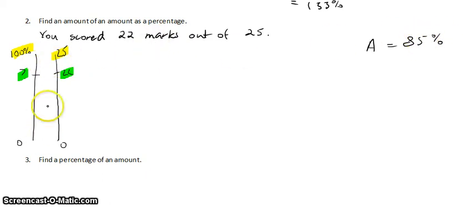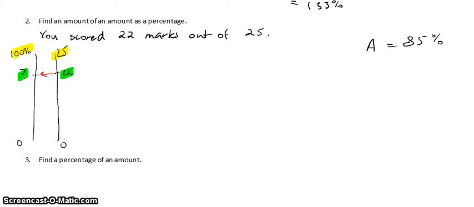So using our double number line, we can interpret what we think this 22 out of 25 might be. We know that 25 is 100%, so they are on an equal place on both number lines. So we want to find out what 22 is over here. The first thing to do is see that this is actually a fraction.